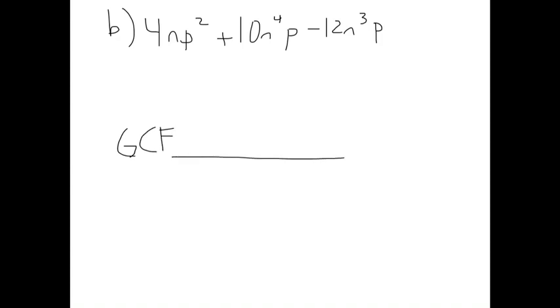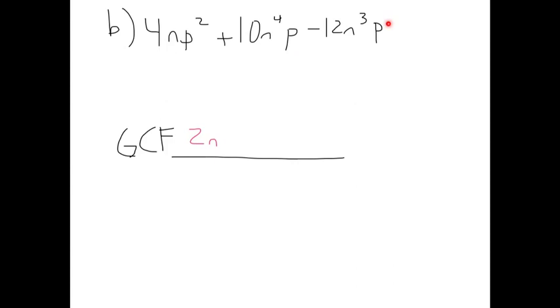And let's see here. I've got a 4, a 10, and a 12. So the largest thing I can pull out is a 2. Then I've got n to the 4th, n cubed. The largest thing I can pull out is just n. And then I have p squared, p, and p.